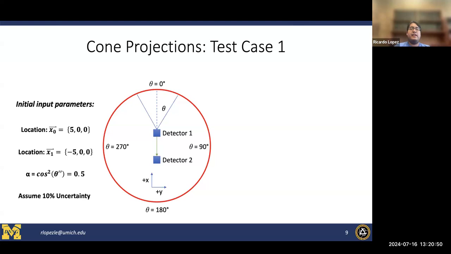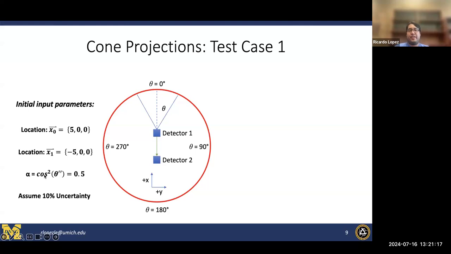I'm saying that, hypothetically, we have two different detector volumes that are these cubes, and we have a first scatter that occurs in this particular location. We'll call it x0, and then this second vector x1 shows the xyz coordinates of the second scatter, i.e. the scatter in the second detector.